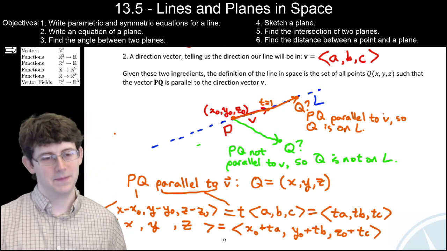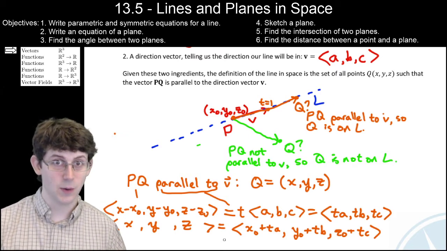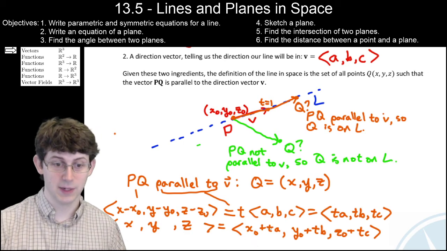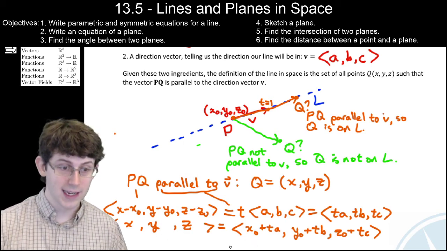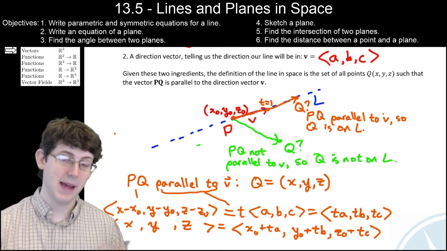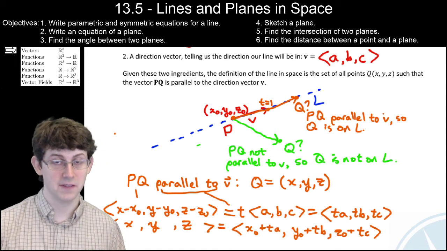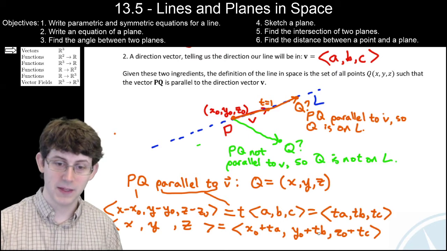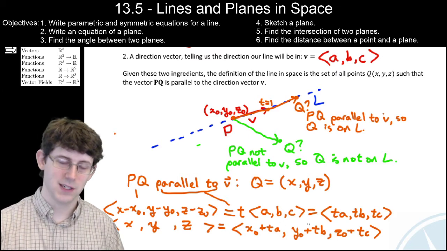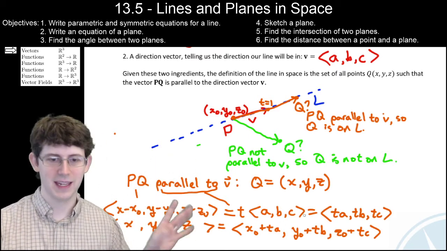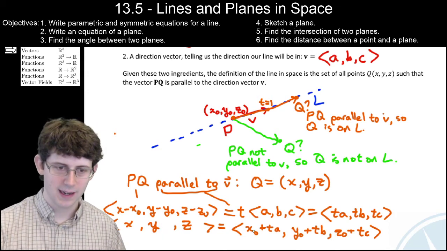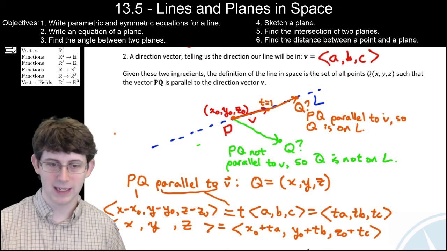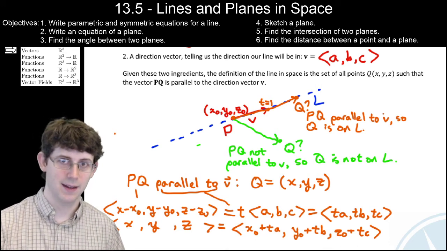Now, you could argue that this is actually 3 equations, because I've got an equation for x is x naught plus ta, an equation for y, and an equation for z. From that perspective, this is a set of 3 parametric equations. But it seems better to me to think about this as a vector-valued function, which we'll get into in chapter 14, where you input t, and the output is a point on the line.